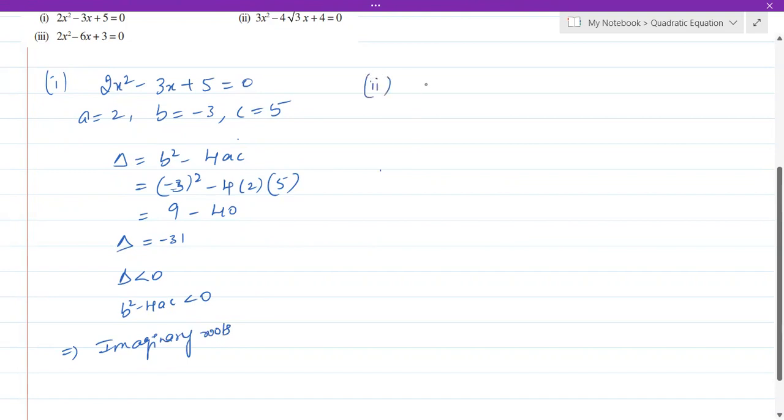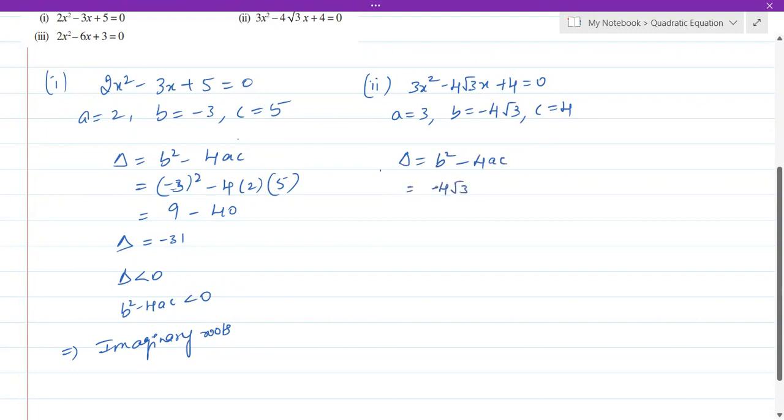Similarly, let's do the second one. The second question is 3x squared minus 4 root 3x plus 4 equal to 0. Here the a value is 3, b value is negative 4 root 3, and c value is 4. So let's take the discriminant b square minus 4ac. What is b?